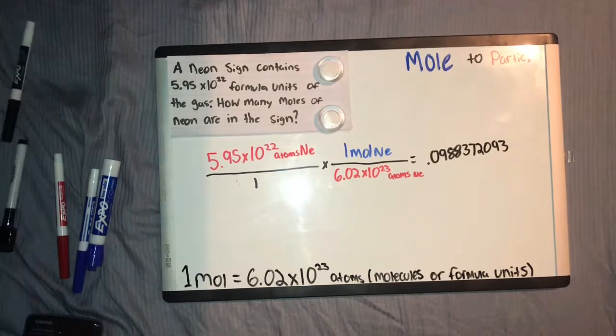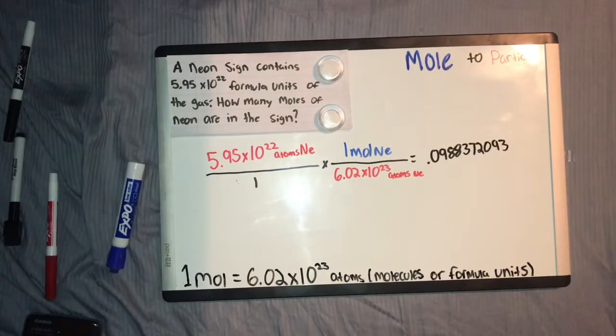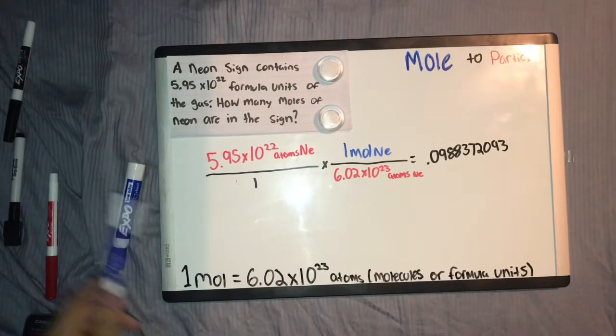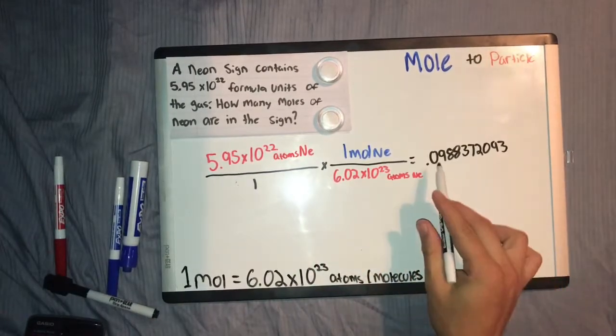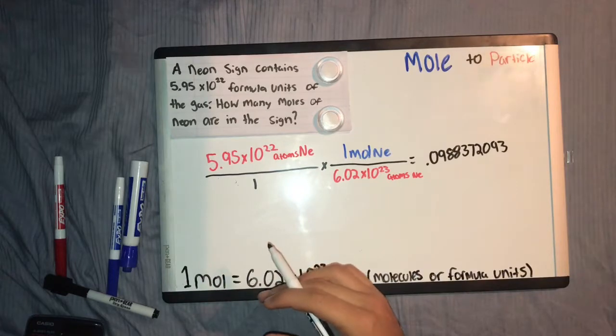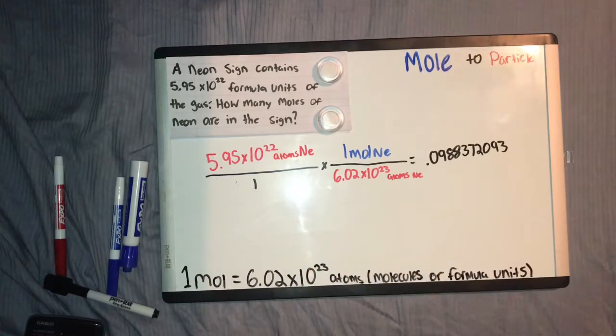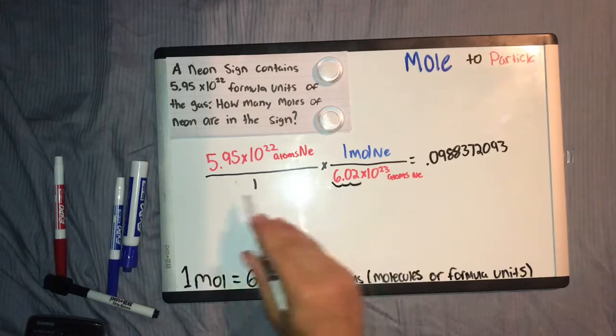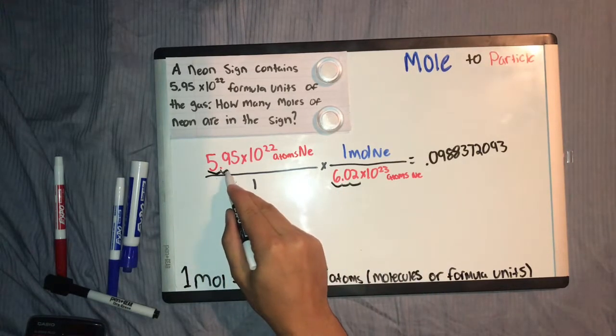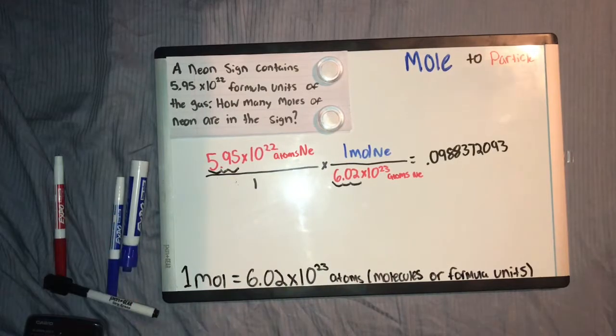Alright, now let's look at sig figs. If you put that on a test, you're probably going to get it wrong. So this one has 3 sig figs, 1, 2, 3, and this one has 3, and you want to take the least out of both of them, but since they both have 3, we'll just use 3.